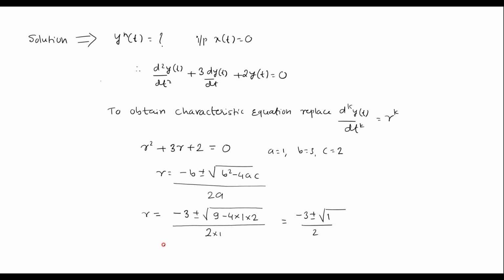So here we'll get two roots. r1 is equal to minus 3 plus 1, that is minus 2 by 2, that is minus 1. This is one root. Minus 3 minus 1 is minus 4 by 2, that is r2 equal to minus 2, which is another root.